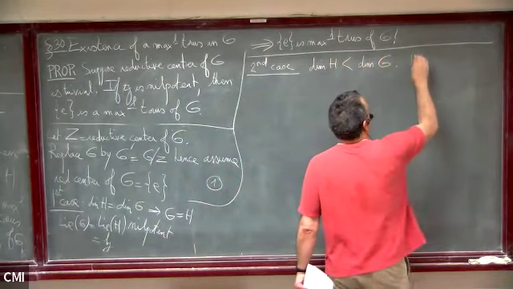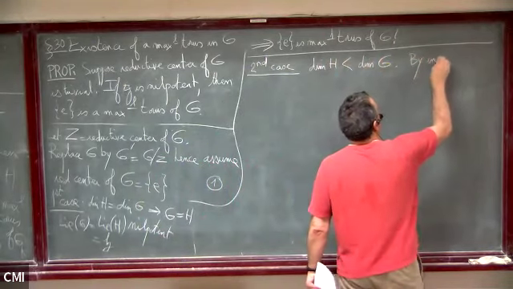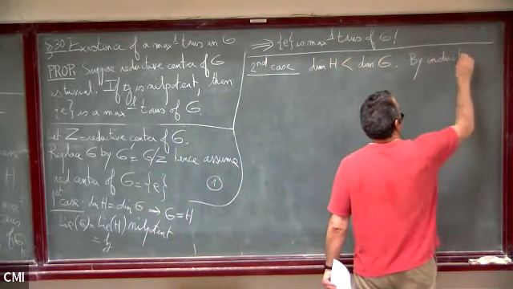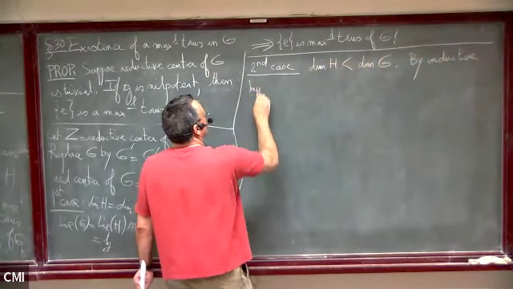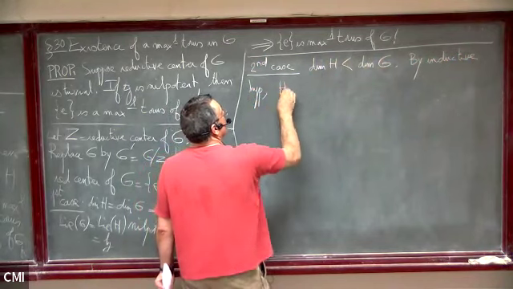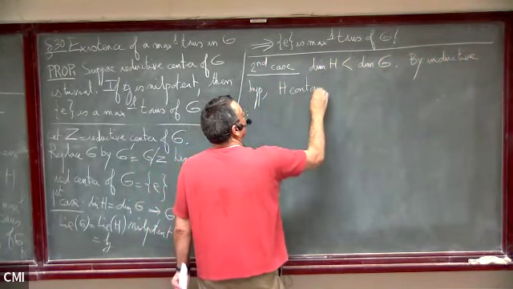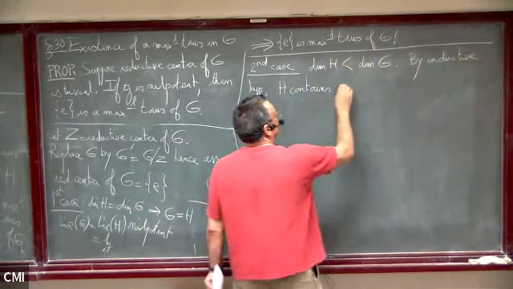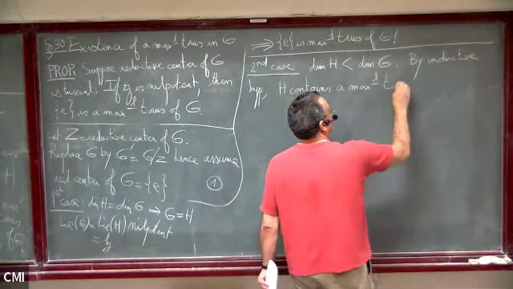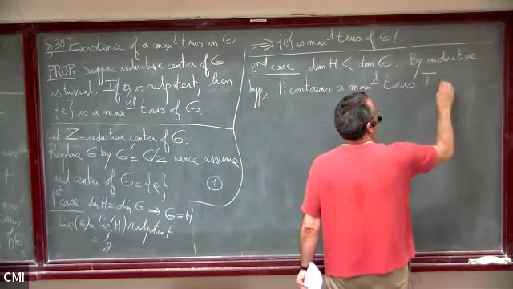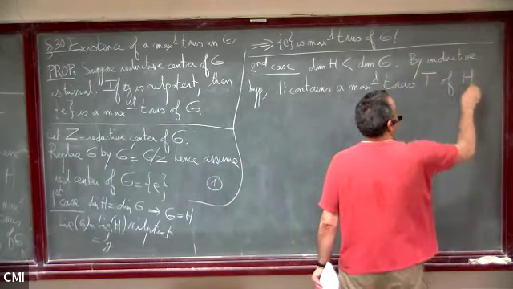And then by the inductive hypothesis, H contains a maximal torus T of itself.